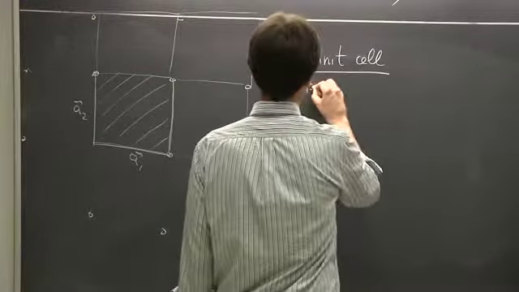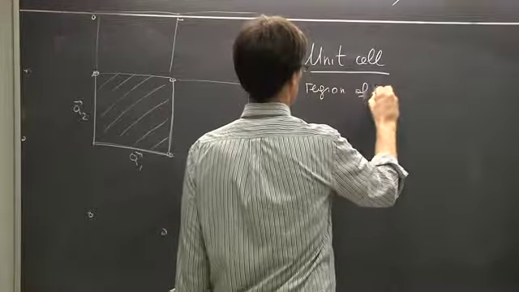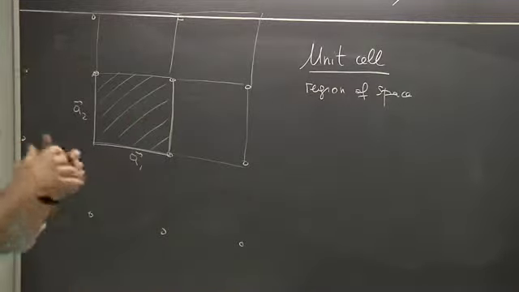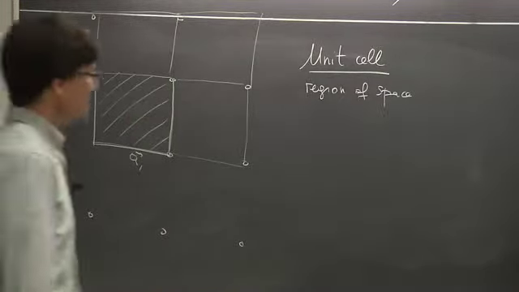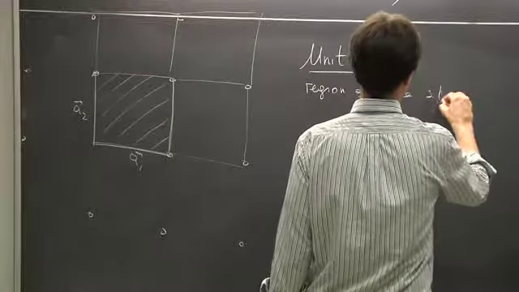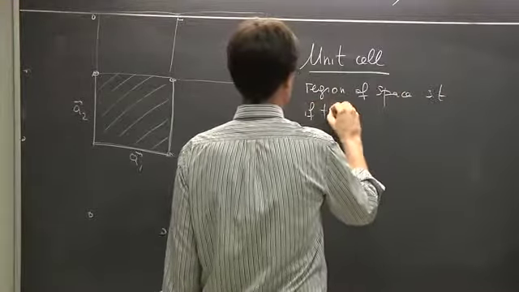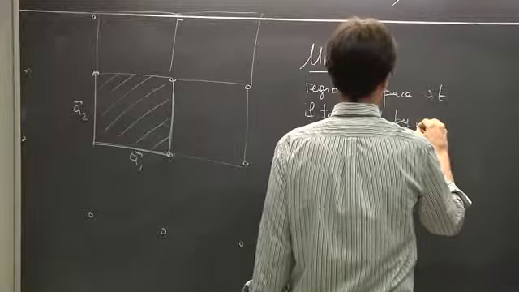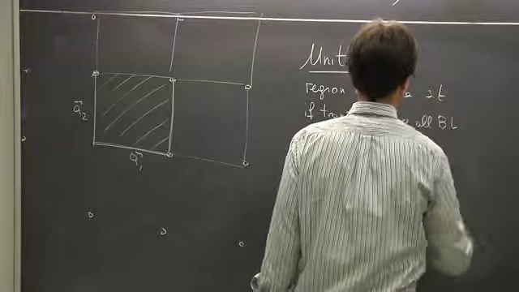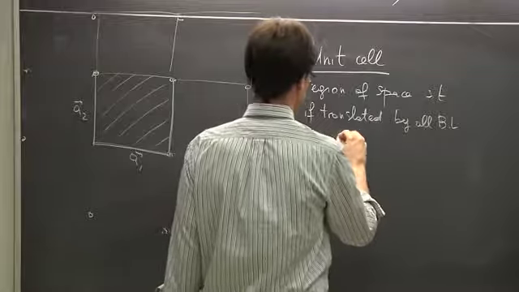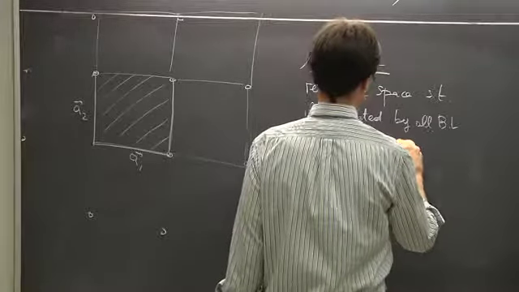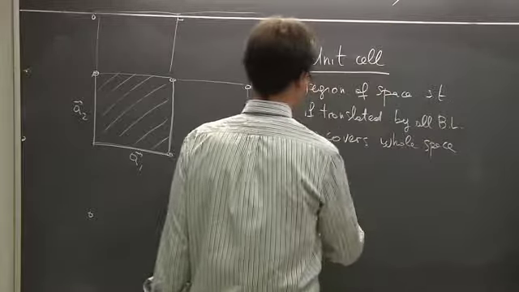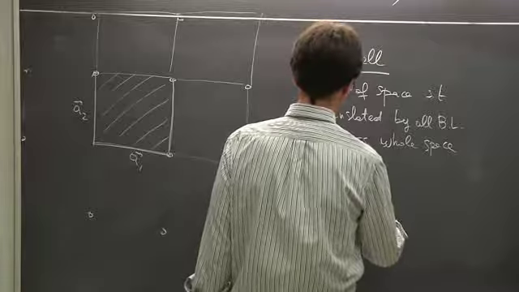It's the region of space, of course here it is in 2 dimensions, but in 3 dimensions it will be a 3-dimensional region of space, such that if translated by all Bravais lattice vectors, it covers the whole space with no overlaps.